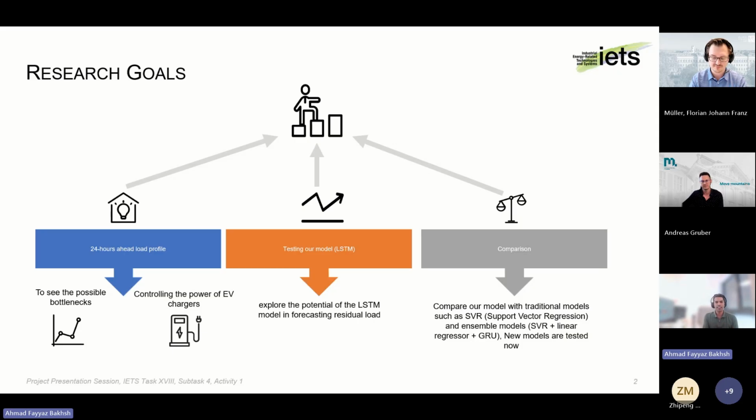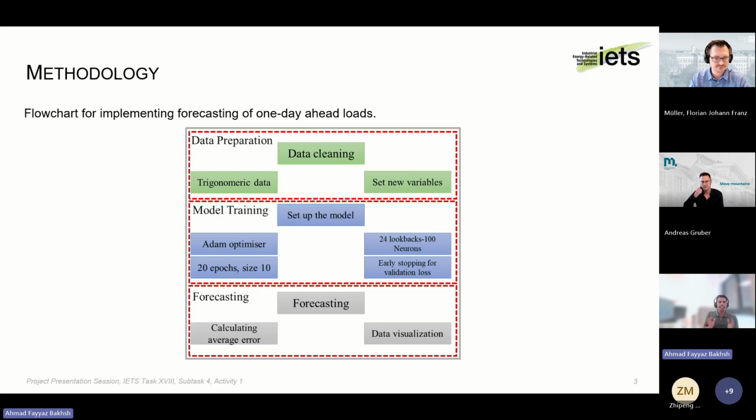So we constructed our model, the LSTM, and finally we tested it to see whether or not it is a good model. We constructed other models and compared them. Today we're going to discuss mostly the LSTM, and the rest of the models can be found in our publication. Like every forecasting model, our methodology contains three parts. We start with data preparation.